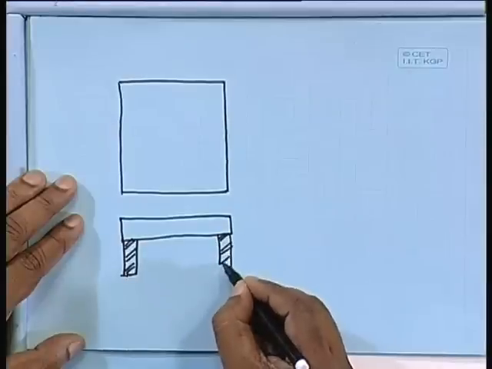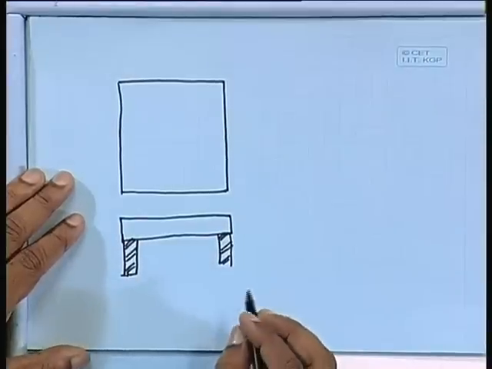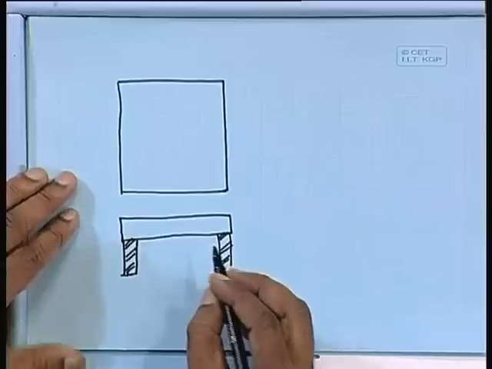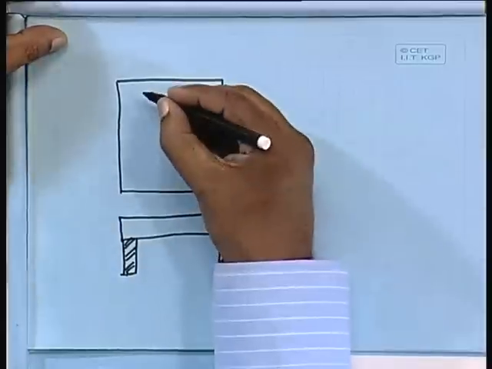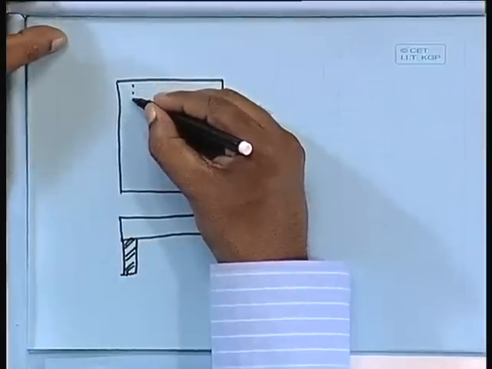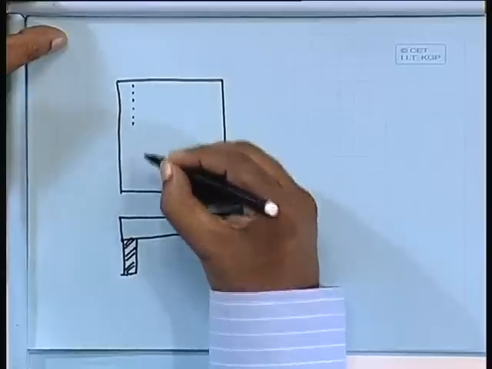This is the symbol of masonry. Our reinforcement, what we shall provide, I think we can give the dotted line here. This is the support.